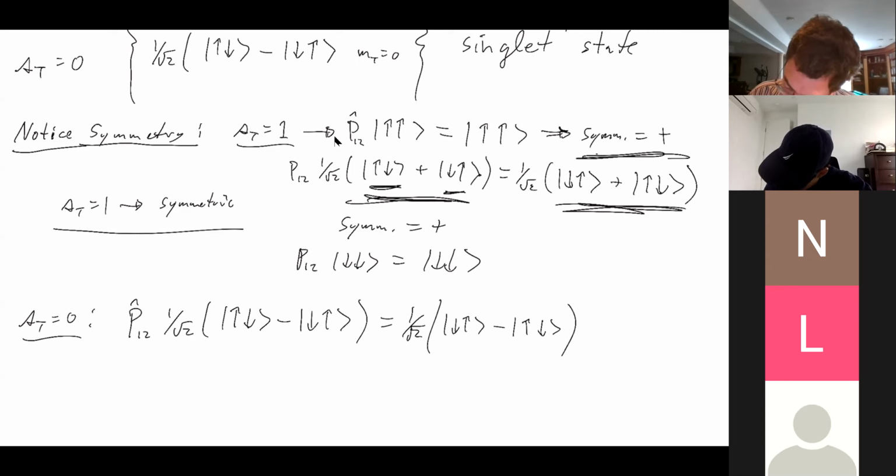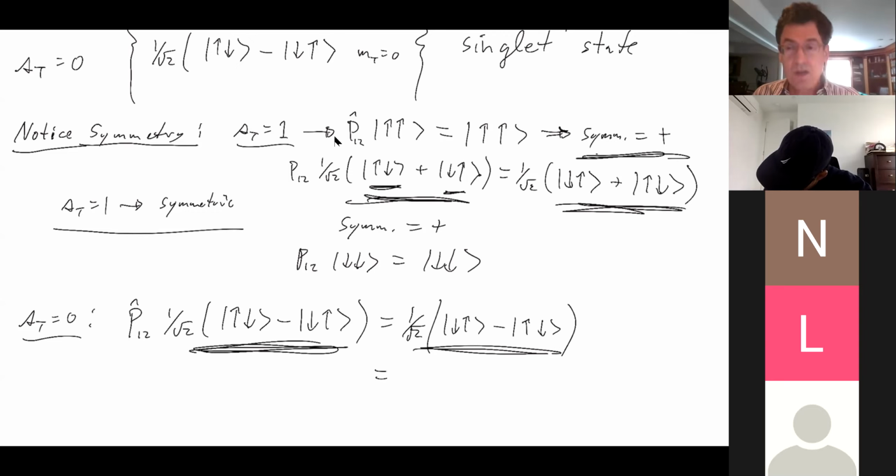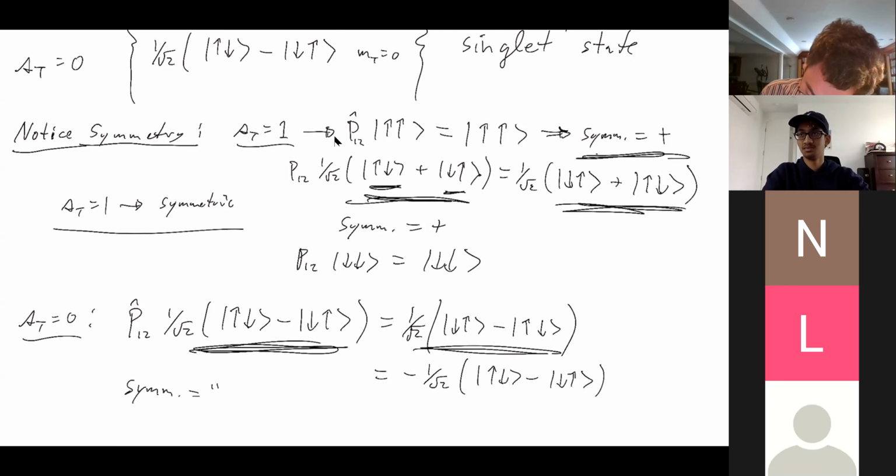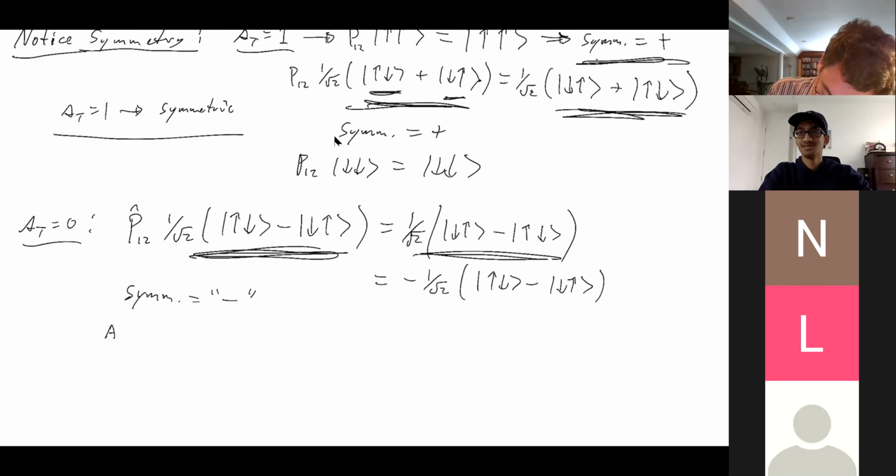What's the relationship between this and this? Is it anti-symmetric? Exactly. It's equal to negative 1 over square root of 2 times up, down, minus down, up, the original thing. And so that means that the symmetry is negative, and this state is anti-symmetric.